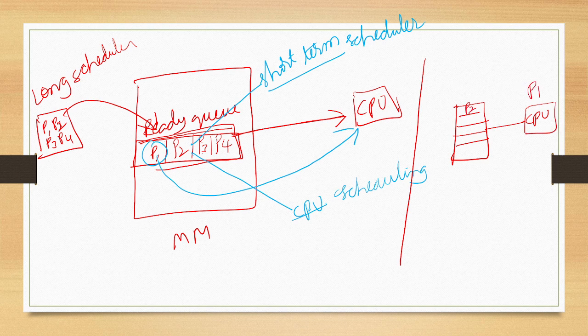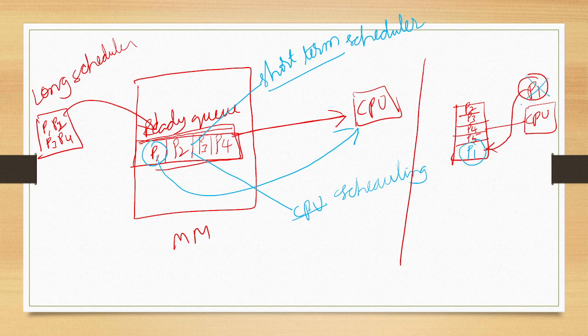After that P2, P3, P4, P5 are there. Now after some time process P1 is suspended. Why? Because it requires some IO input. It is requesting some IO and it is suspended by the CPU.